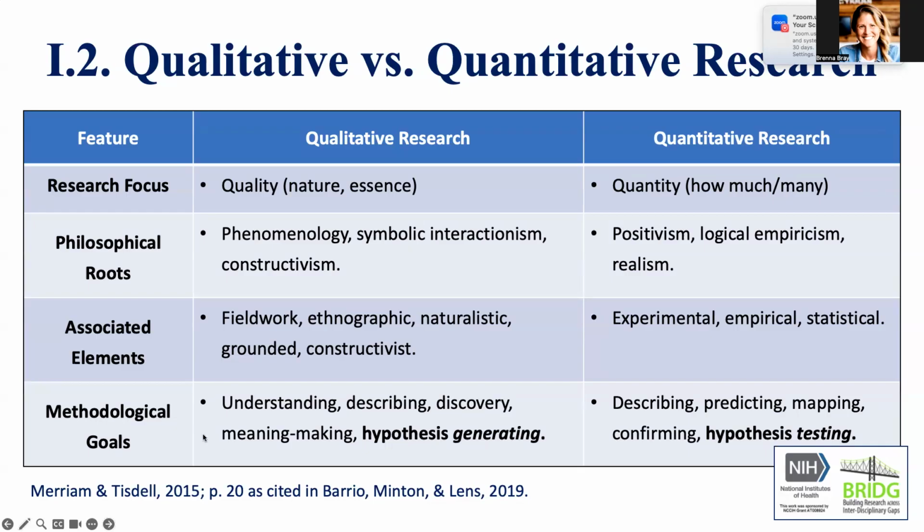And then when we talk about methodological goals, quantitative research tends to focus on describing, predicting, mapping, or confirming data, and then really it focuses on hypothesis testing, whereas qualitative research focuses more on understanding, describing, discovering, making meaning. So it really focuses on generating hypotheses.